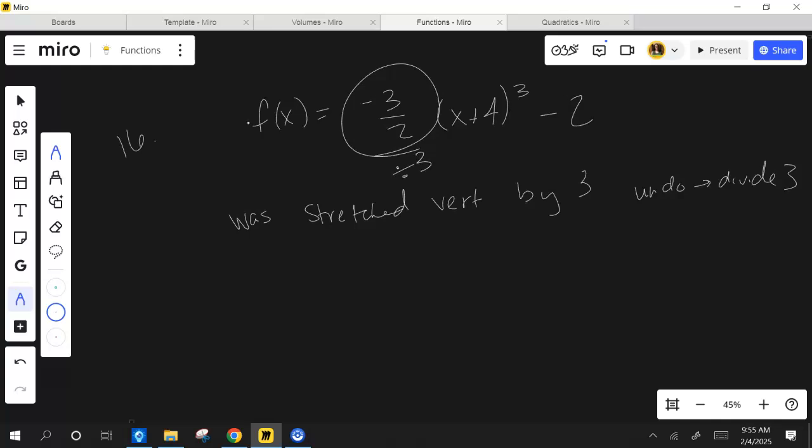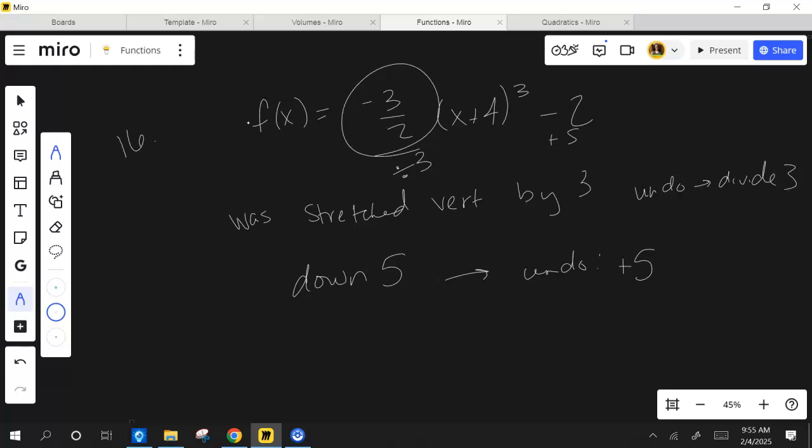Then it says it was translated down 5. So to undo that, I'm going to move it up 5. That's on the end here.